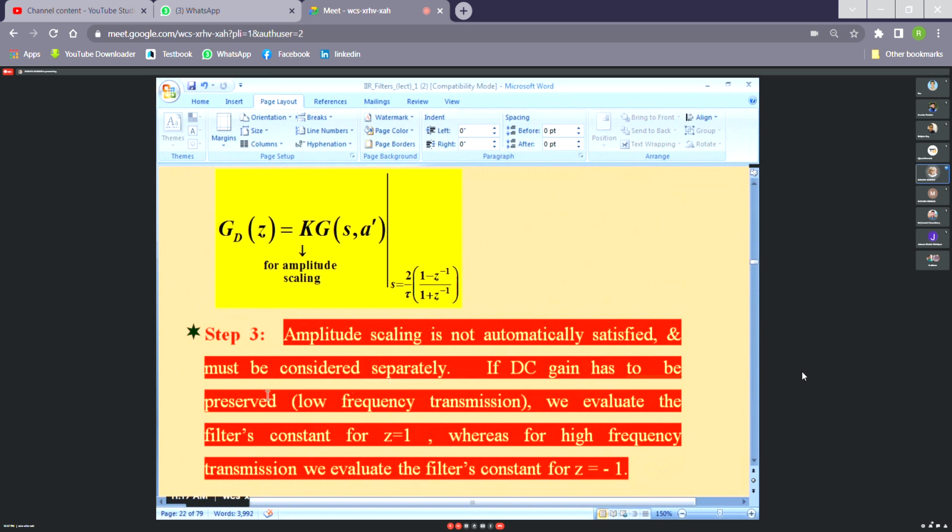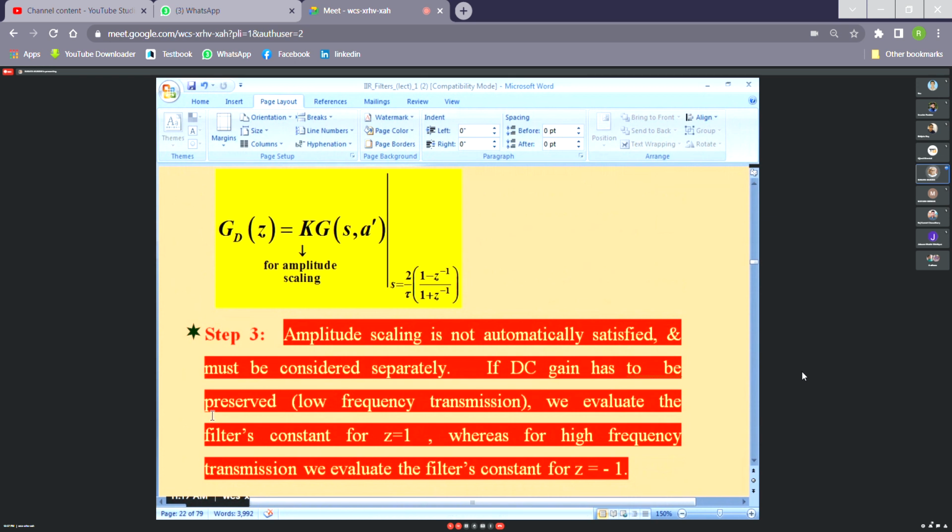If DC gain has to be preserved, we evaluate the filter's constant. How would you obtain the DC gain of a digital filter, a discrete time LTI system, from the given G_D(z)? Simply by replacing z with 1.